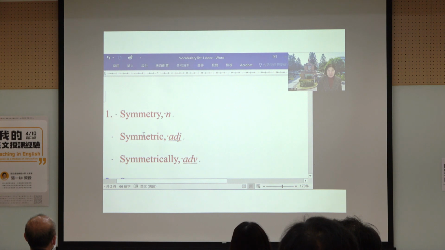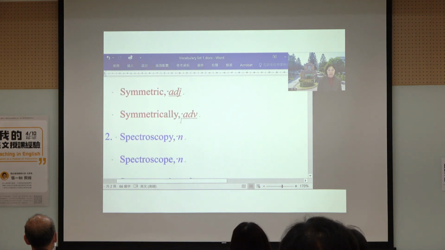In symmetric, the accent is on the E. This is an adjective describing something that has symmetry. Then we have an adverb, symmetrically, and the accent is again on the E. So this is symmetry, symmetric, symmetrically. So you learn one word and you know all the words that are associated with it.